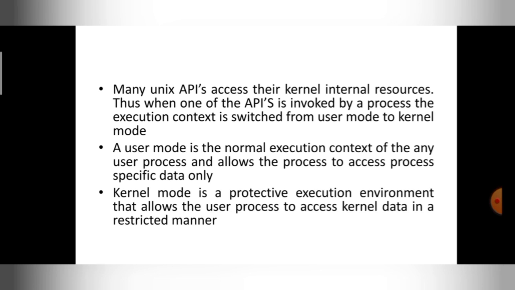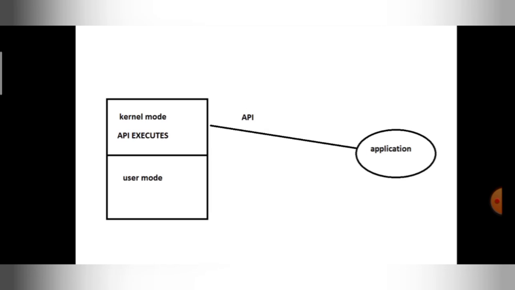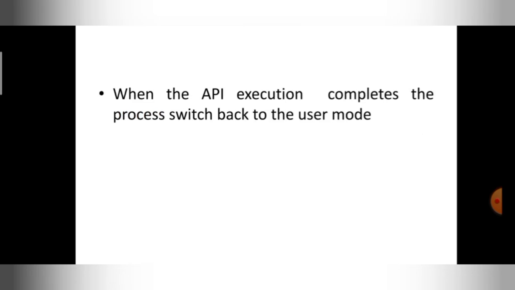That's why the API should be executed in kernel mode, because it directly interacts with the system. When you are executing the API, the execution should change from user mode to kernel mode.